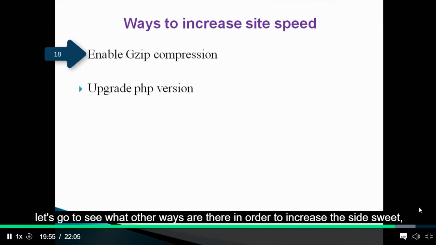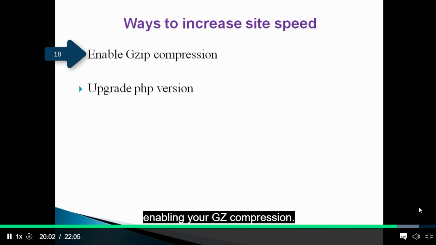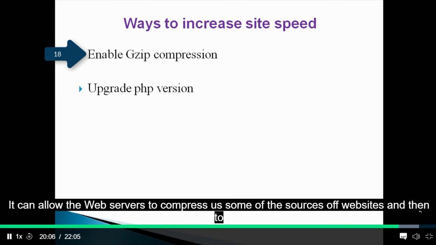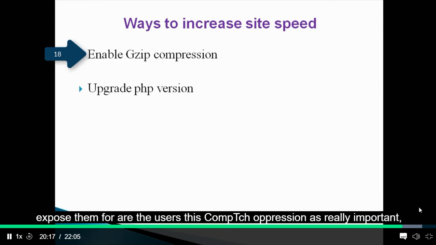Okay, let's see what other ways there are to increase the site speed. Enabling gzip compression can allow web servers to compress some of the resources of the website and then expose them to the users.